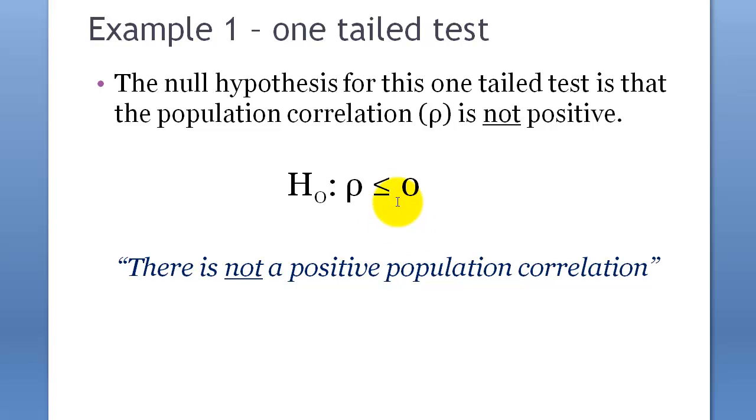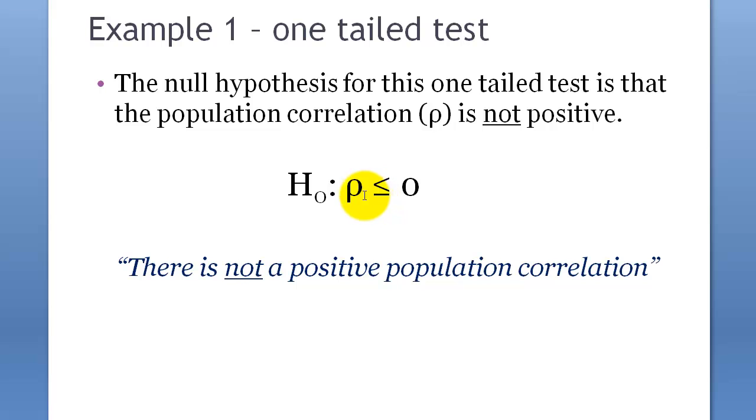If the assumption is that there's a positive relationship, then the null hypothesis would be no relationship or a negative relationship.